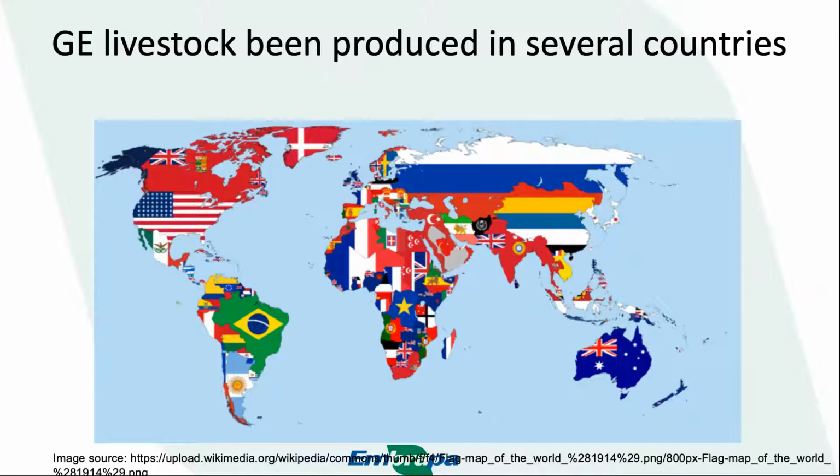I will give you this example at the end of my presentation. But we can find genome edited animals in Australia, New Zealand, China, some countries of Europe, the US, Canada, Brazil, Uruguay, and Argentina. But as I said, most of them for research purposes.